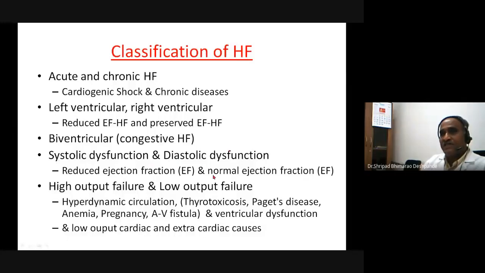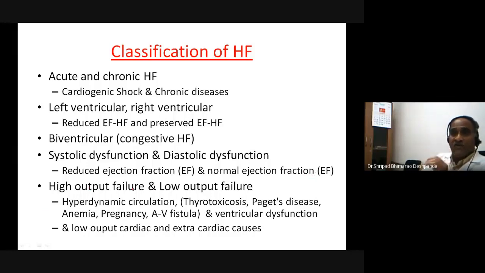Diastolic dysfunction, because of the rigidity of the ventricle to relax, the ejection fraction may be all right, but the heart is not able to relax. The heart is rigid, and if it's not able to relax, there is a problem there. That is a diastolic dysfunction. In this case, ejection fraction may be normal.